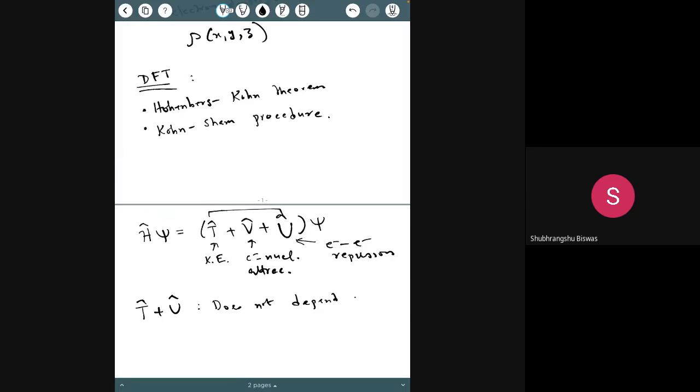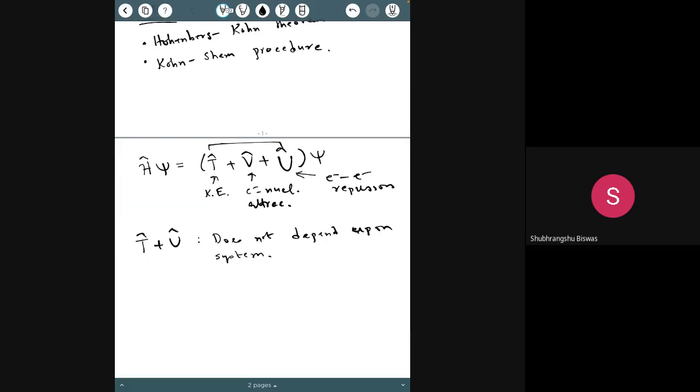However, the electron-nucleus attraction is called the external potential, and that is different from system to system.